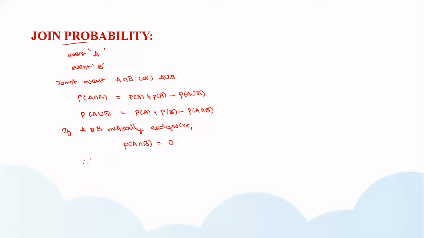There is no common element if A and B are mutually exclusive. Therefore, probability of A union B is equal to probability of A plus probability of B. You need to remember this, it is very important. If A and B are mutually exclusive, then the union of the two can simply be taken as the sum of the two events' probabilities.